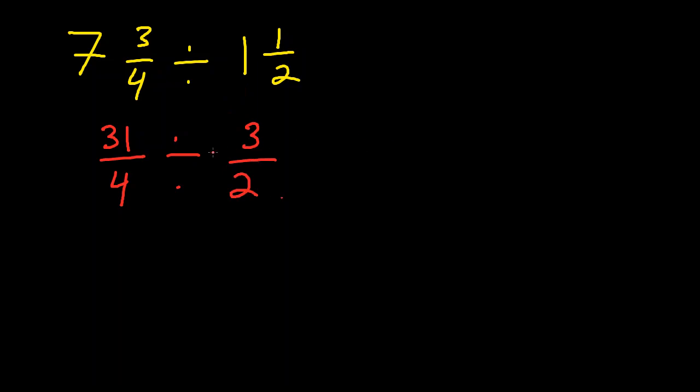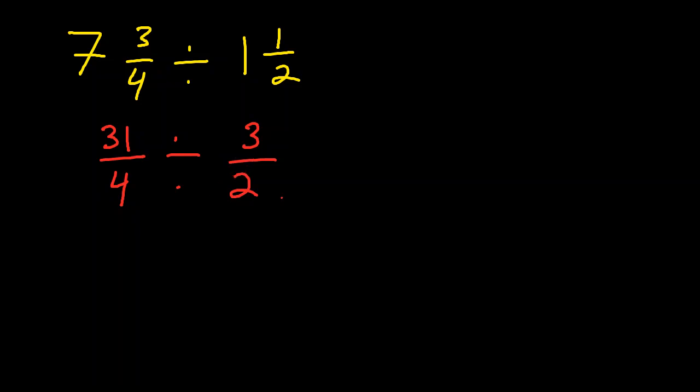Okay, so now the important thing to remember with division is it doesn't work like multiplication. So you can't just divide the numerator by the numerator of the second fraction and the denominator of the first fraction by the denominator of the second fraction. What we do to divide fractions is actually multiply by the reciprocal of the second fraction.